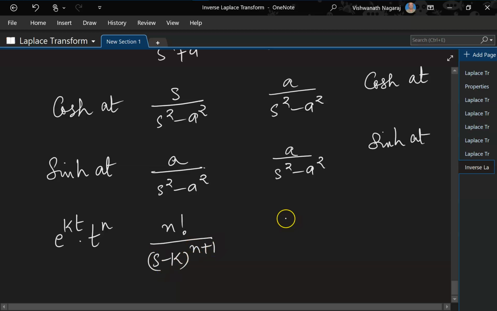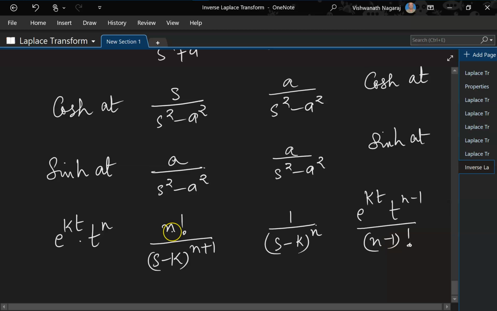And usually, while solving problems on inverse Laplaces, you might get it in this form: 1 by s minus k to the power of n. So you'll have to adjust it here. The way this adjustment will work is e to the power of kt, this is pretty straightforward, you will end up with t to the power of n minus 1 by n minus 1 factorial.